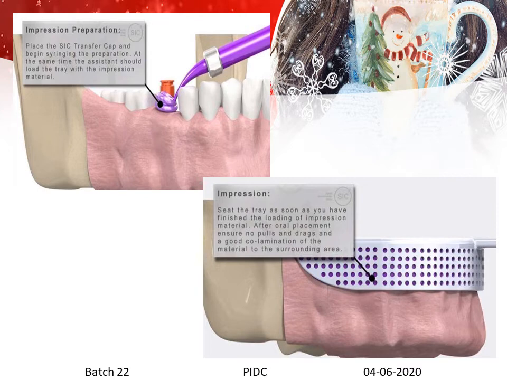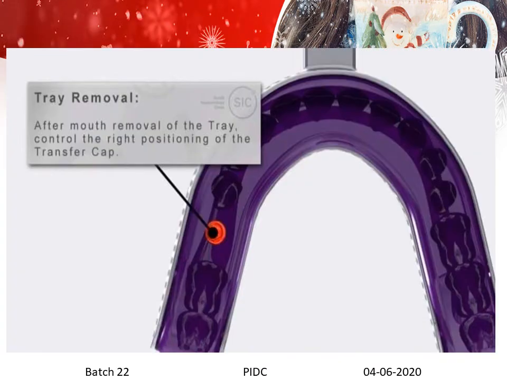After oral placement, ensure that there are no pulls, drags, and a good lamination of the material to the surrounding area is present. So you can see after the tray has been removed that there is a very exact formation or transfer of your implant surface.